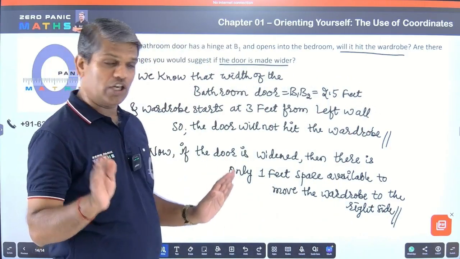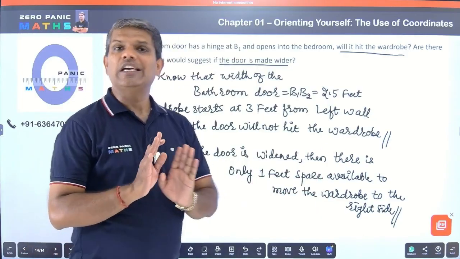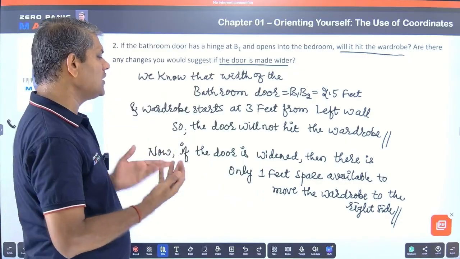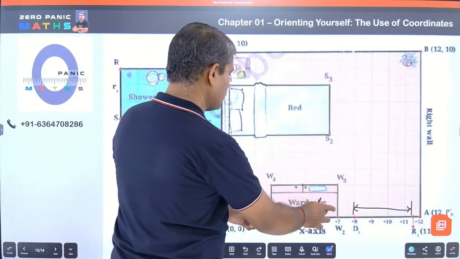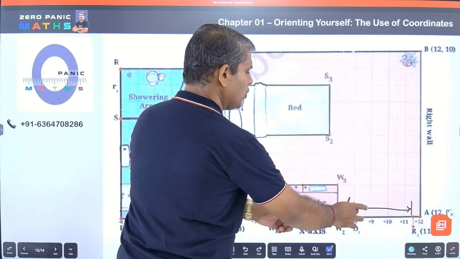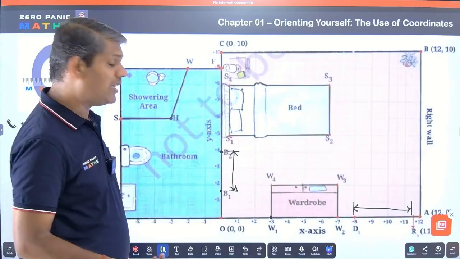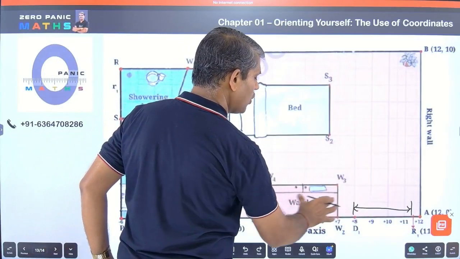Now, as I already told you, this part of the question will have different answers from different analyses, because I am saying it is possible to move this wardrobe towards the right side. But some might analyze that we cannot move the wardrobe towards the exact position of the door.